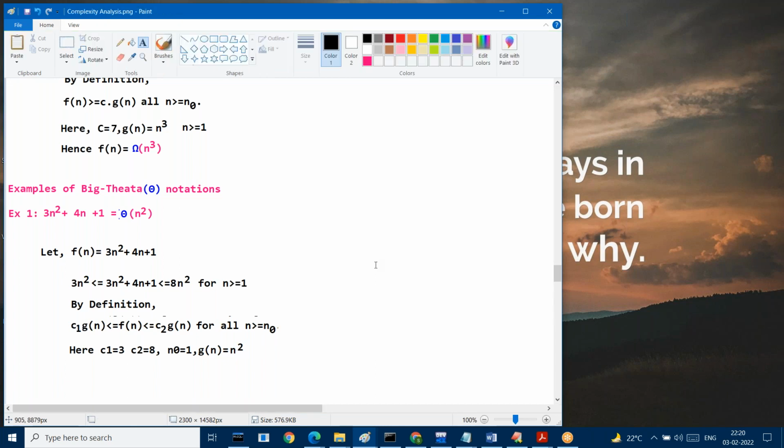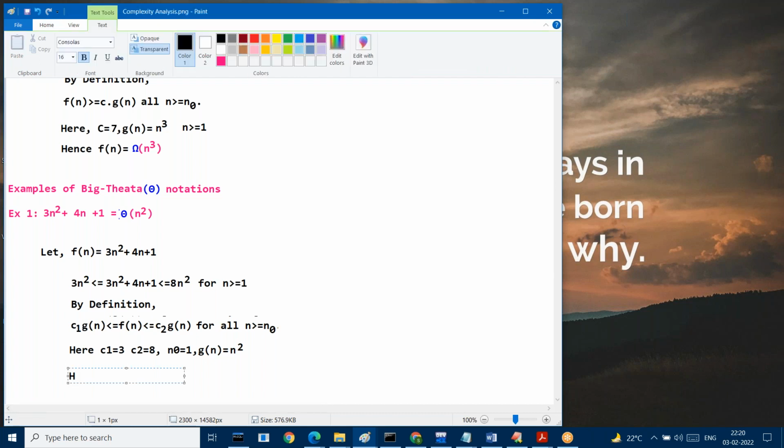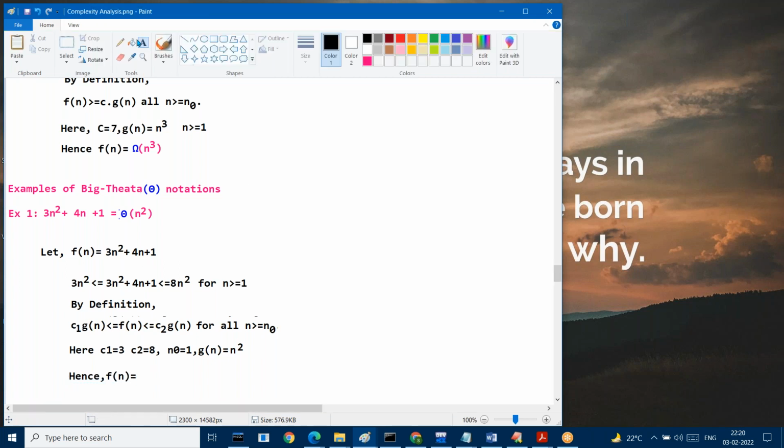That is equal to n square. Done. Hence Fn is equal to big theta of n square.